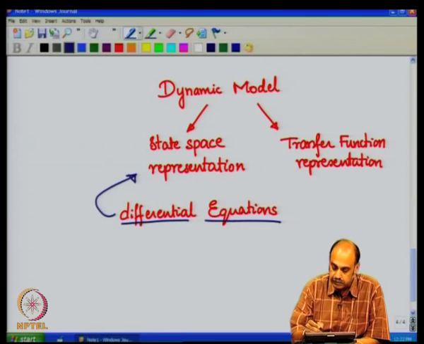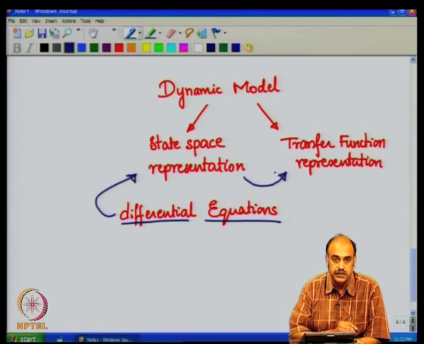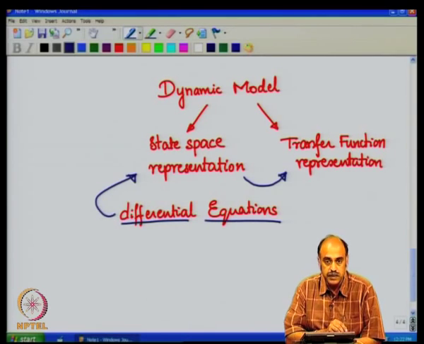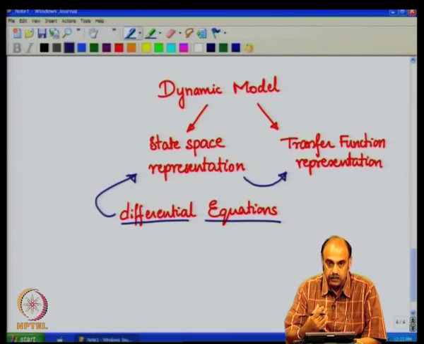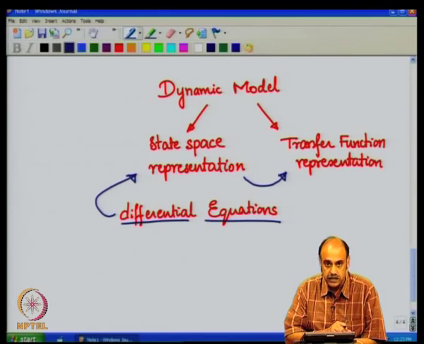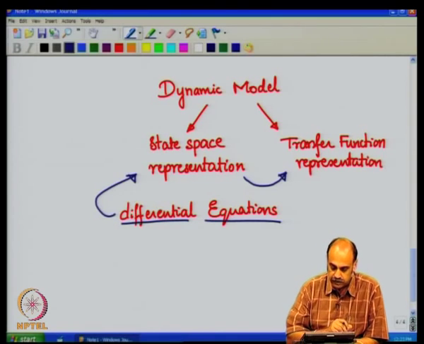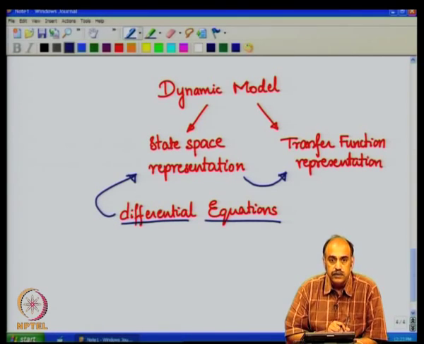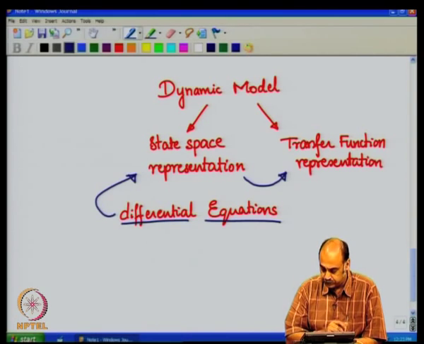And from the state space representation, you can extract the transfer function representation. So, you could say that the state space representation is the one which you will first obtain and then convert it into transfer function representation for further analysis, or you could continue to do your controller design in the state space representation itself. Anyway, first let us see how we will obtain the state space representation of the system. The system in our case is the DC-DC converter.